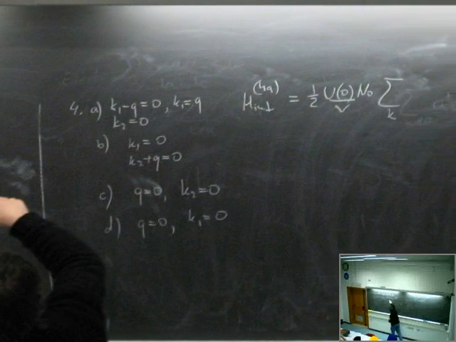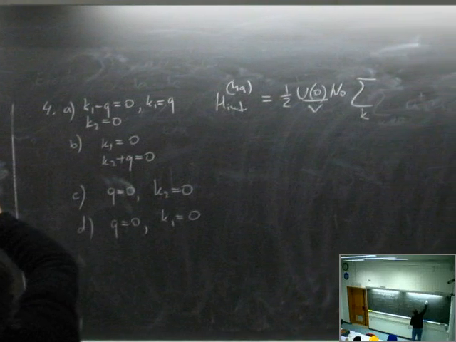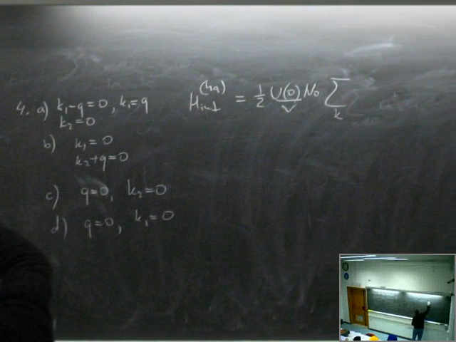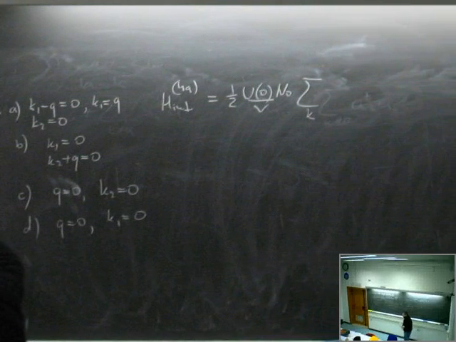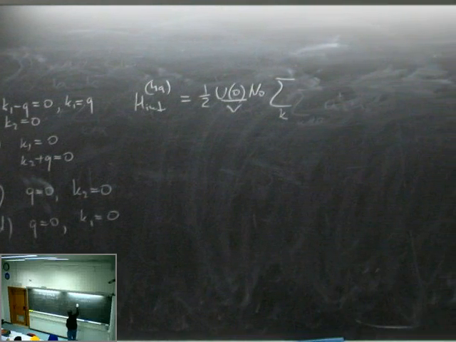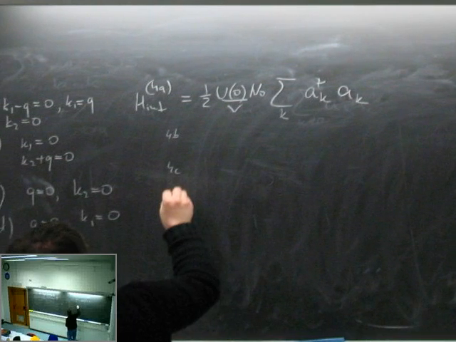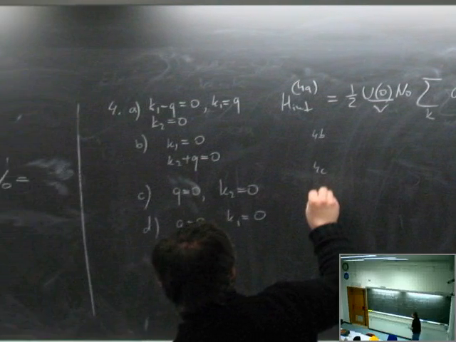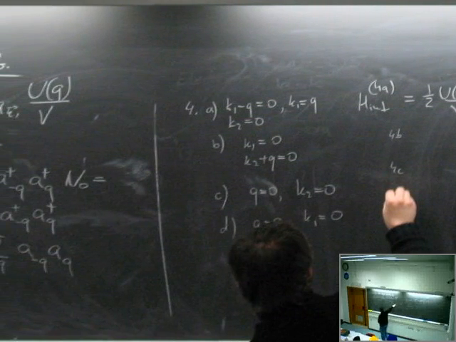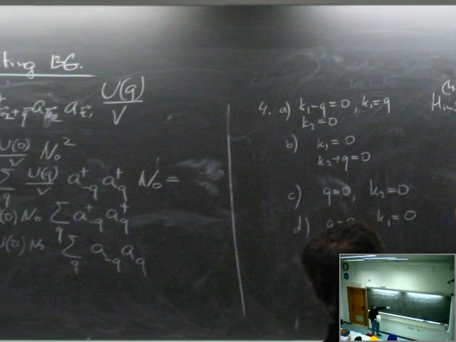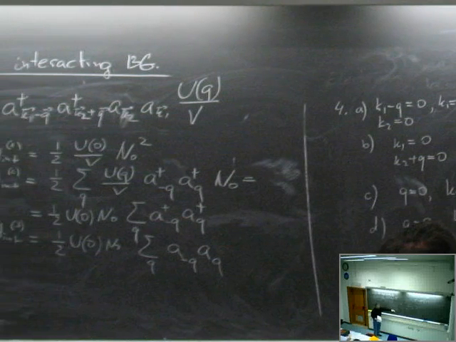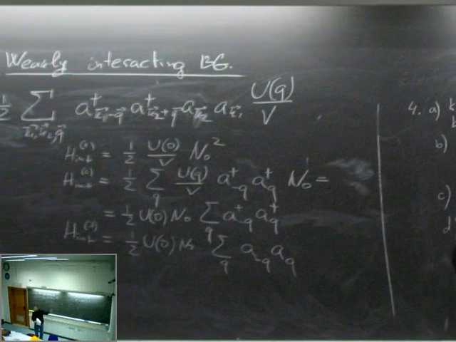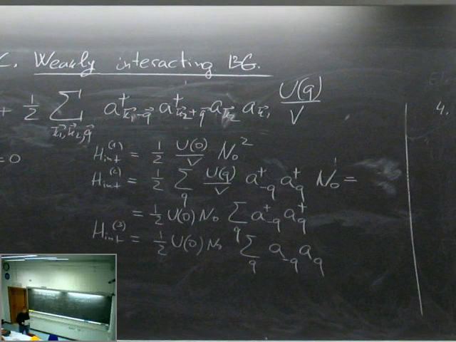So this one remains A dagger K, A K. And all the rest for B, for C, for D will be the same. Unlike the processes shown here, where there are two creation operators or two annihilation operators, this part of the Hamiltonian is already diagonal.